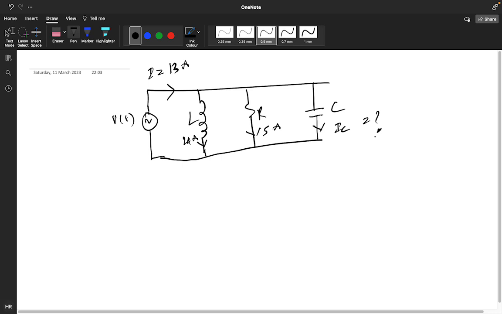Tomorrow or the day after tomorrow your AC circuit will be completed. Then we'll move to the next chapter, that is theorems.